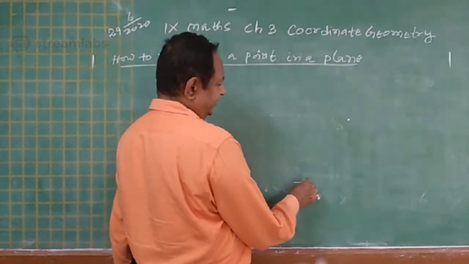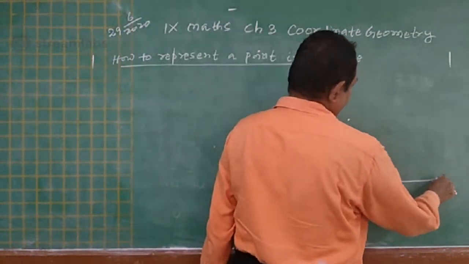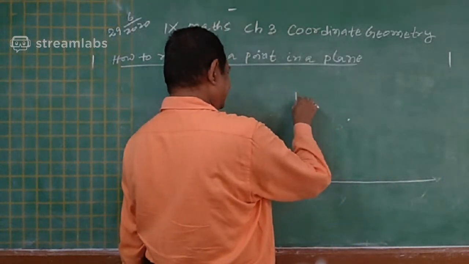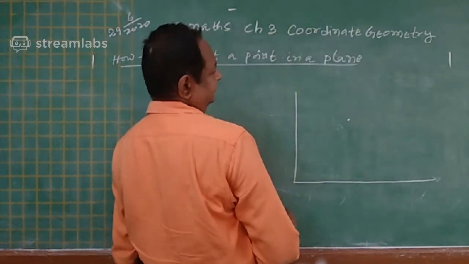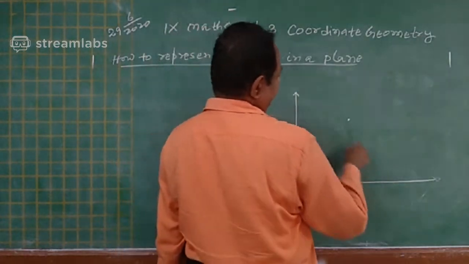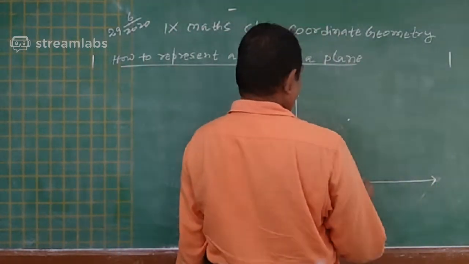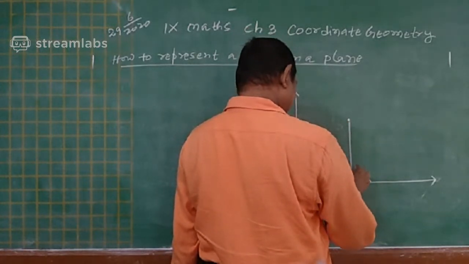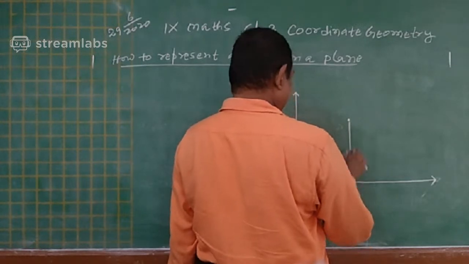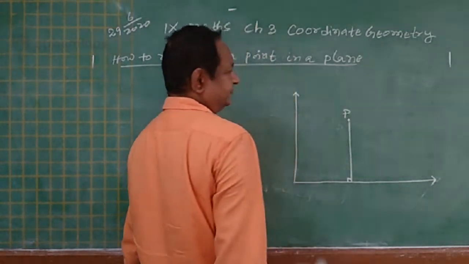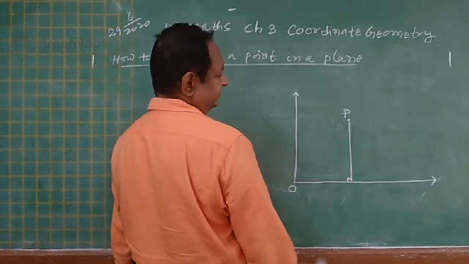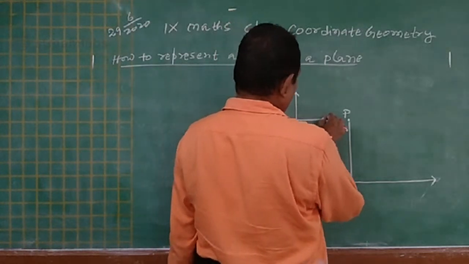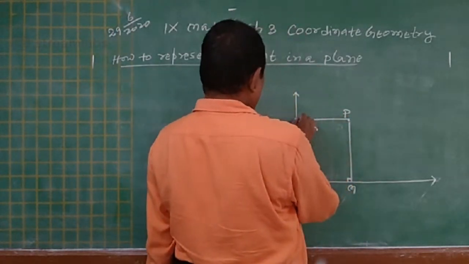One is the horizontal line, that is the x-axis, and the other is the vertical line, that is the y-axis. First, we will draw perpendiculars. The point is P, this is the origin, this point is M, and this perpendicular point is N.